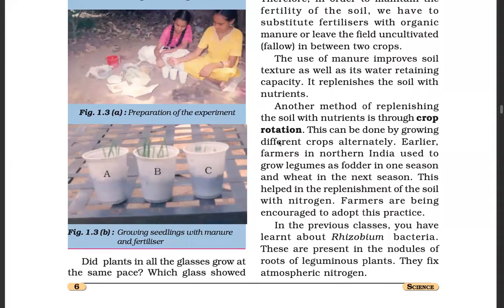By the rhizobium bacteria, the nitrogen in the air is converted into nitrates and nitrites, which plants can take in, right? Crop rotation can be done by growing different crops alternately, as I told you, like once we grow wheat, the other time we grow leguminous plants.